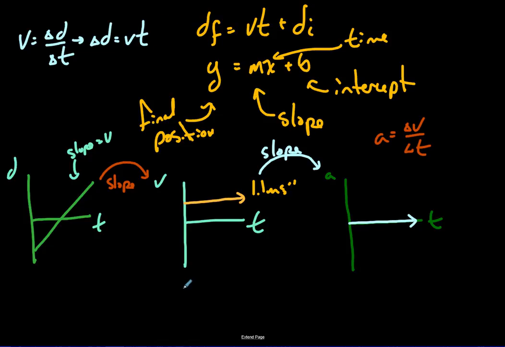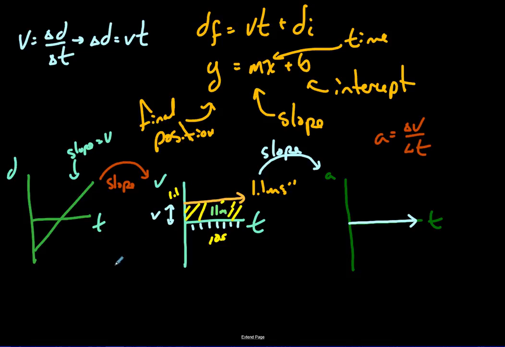So if I look here, here's the velocity that I have, and here's the amount of time that I have it for. If I say velocity times time, what I'm actually solving for is an area, and that area is this right here. Here's the size of my velocity, in this case 1.1. Here's my time, in this case 10 seconds. So 1.1 times 10 gives me 11 meters, and that's the area under this graph.